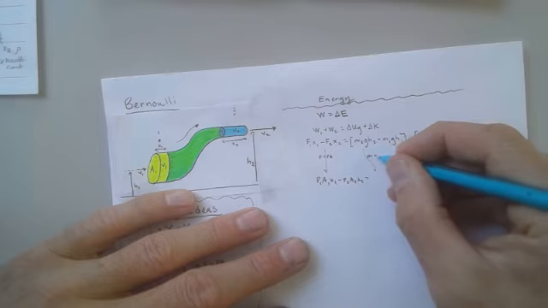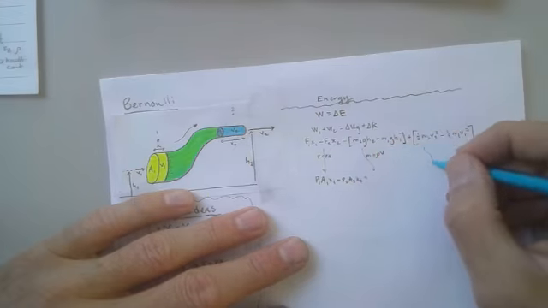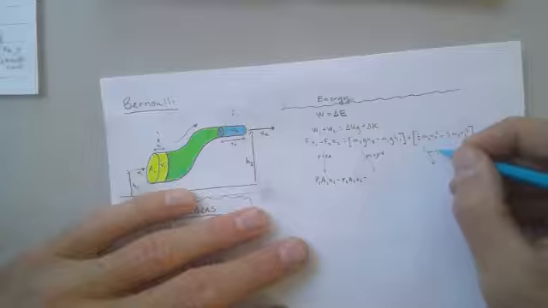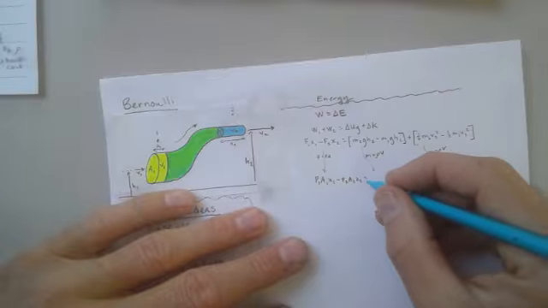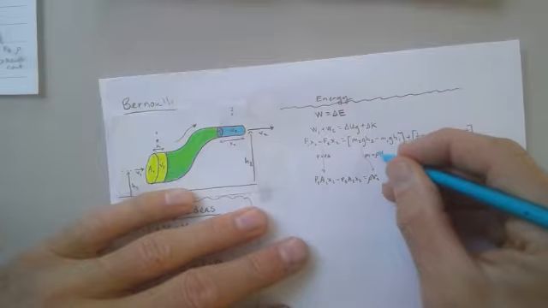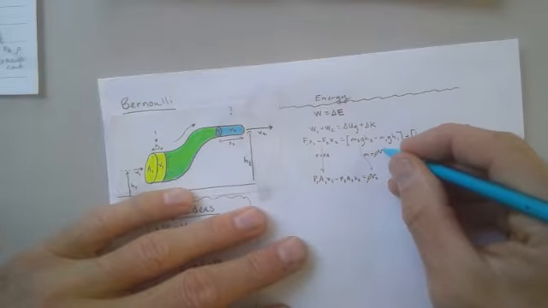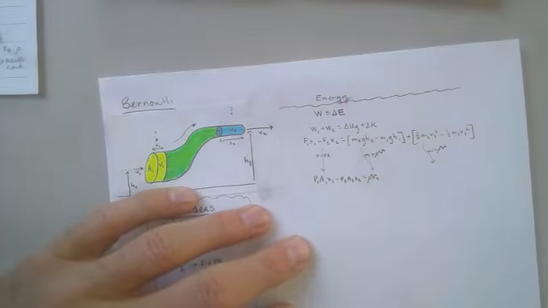Mass is equal to rho times V, and we're going to do that for over here too. And so we can rewrite this, and that's going to be rho V2. These are volumes.